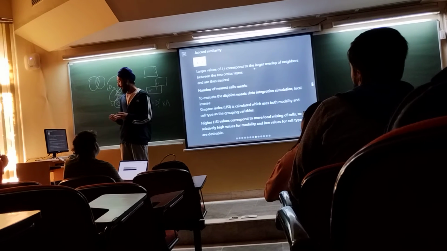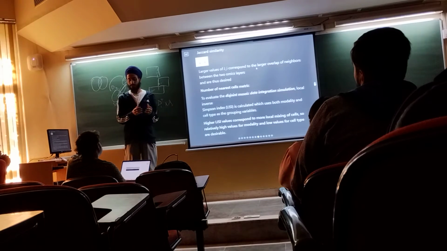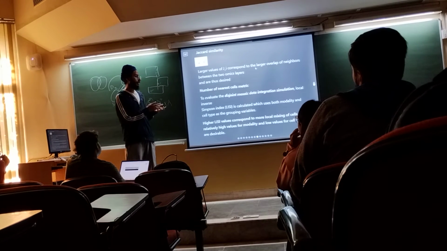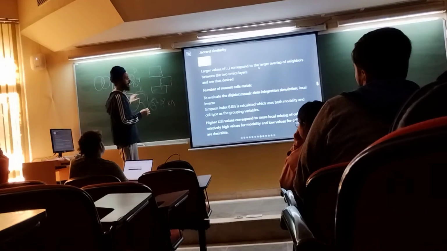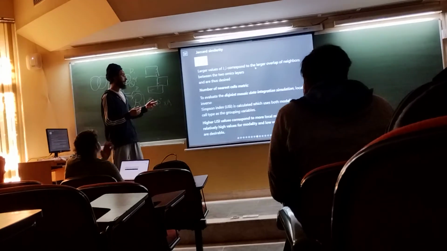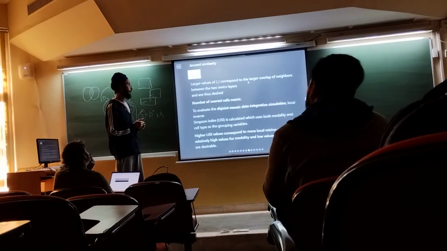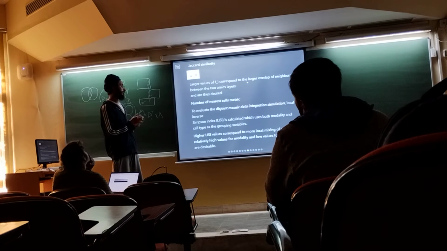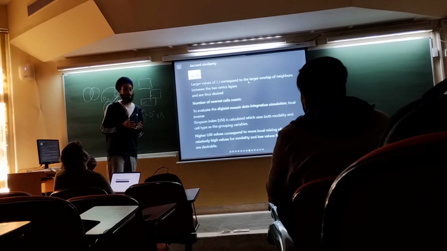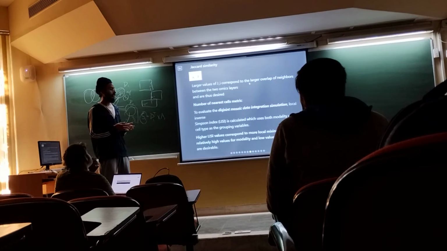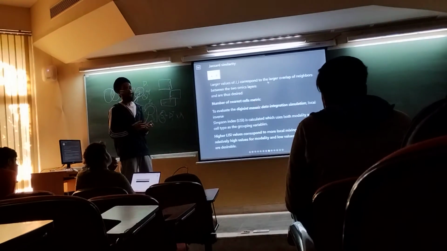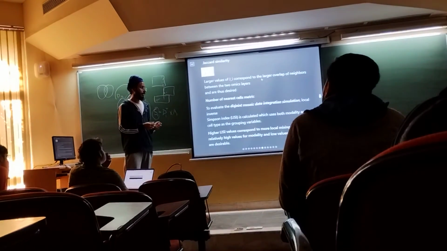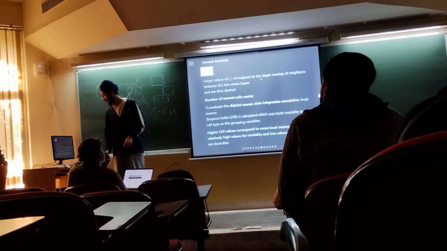And finally, to evaluate the disjoint case in which the intersection of all 3 is a null set, it uses something called the local inverse Simpson index, which takes cell type and modality into account while calculating. And the higher the LISI value, the better. I was not able to actually figure out the mathematics behind it, but this is one metric this paper uses.